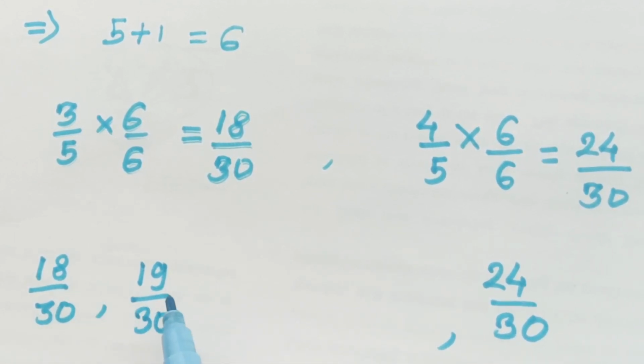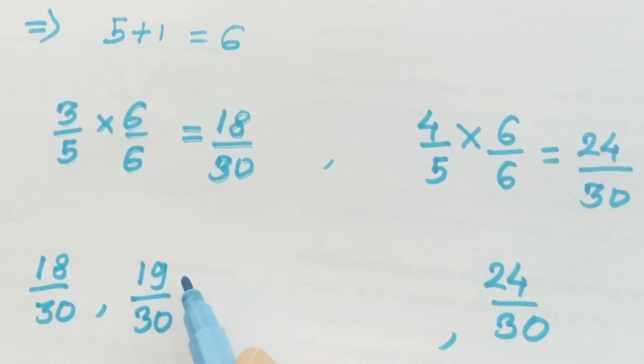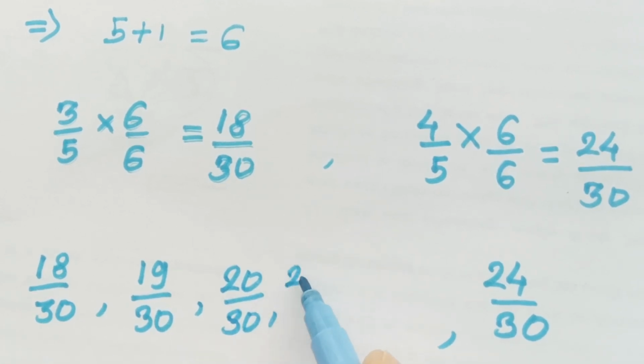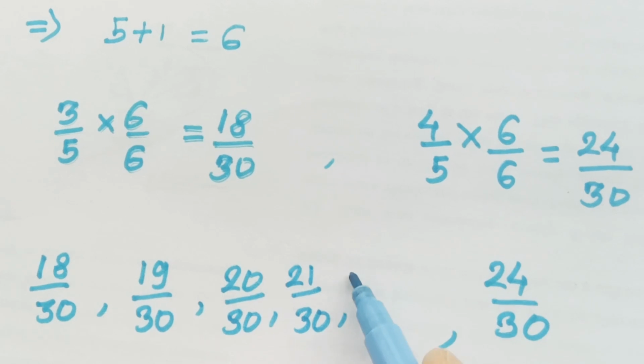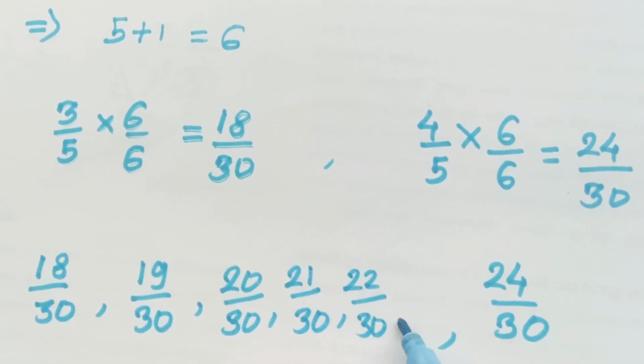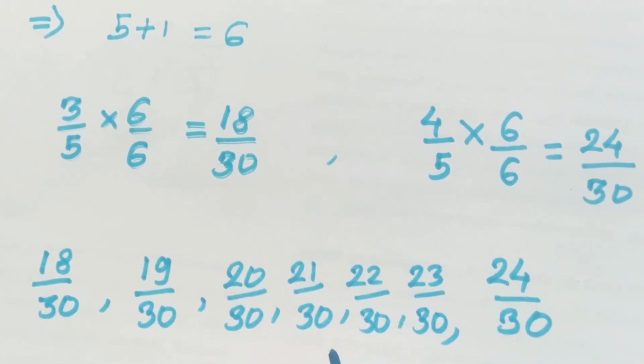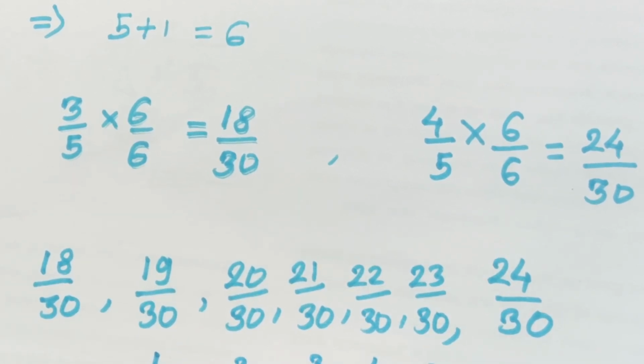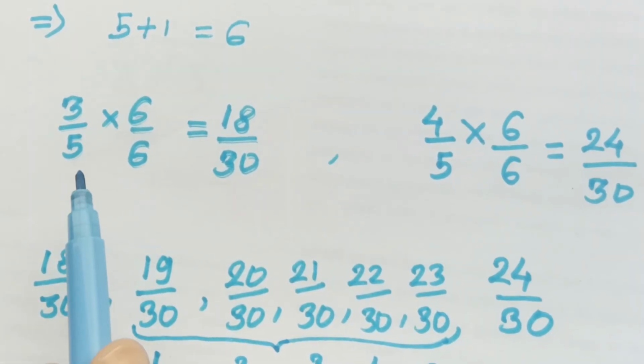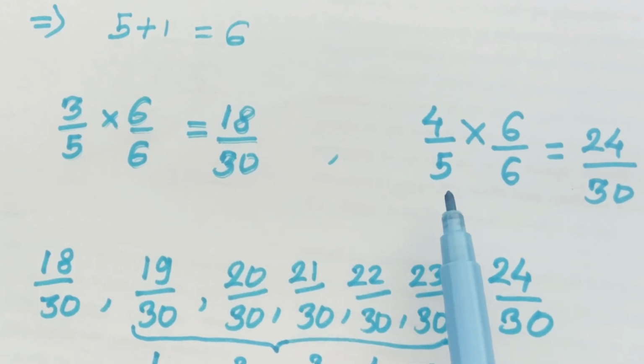In the numerator I am just adding 1 each time. Again add 1 to 19, then we get 20 by 30, then 21 by 30, 22 by 30, and 23 by 30. Next will be 24, which we have already written here. It means here we get 1 2 3 4 5. That is, we have found 5 rational numbers which lie between 3 by 5 and 4 by 5.